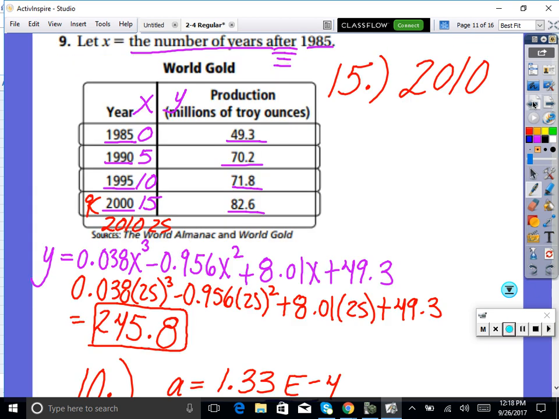Now, I want to point something out to you. You really need to watch. I didn't say this hour, but I need to, because otherwise you're going to get confused. So look, now this company wants to know how much gold was produced in this year, which was in the future. Now, guess what has truly happened in the past? So there was a company that, for example, let's say this company opened in 1965. Well, their factory burnt down in 1985.